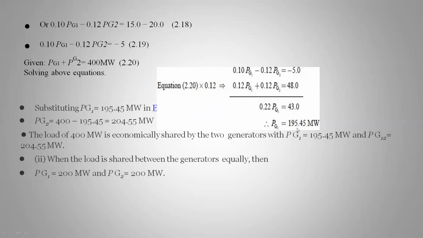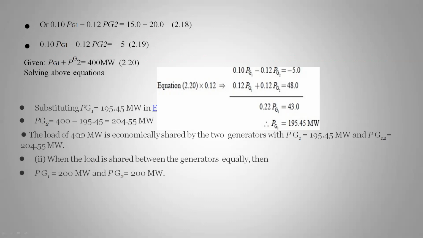So what is the value of Pg1? 195.45 megawatt. Substituting in the second equation, Pg2 is 204.55 megawatt.